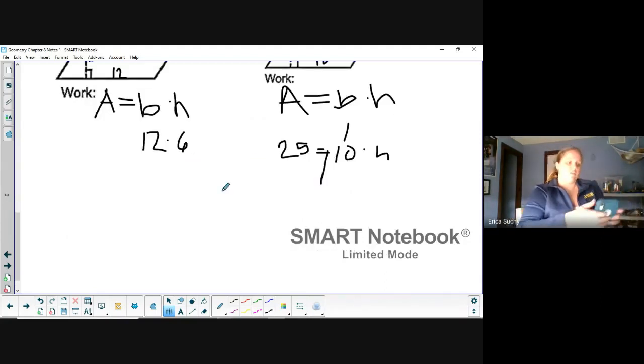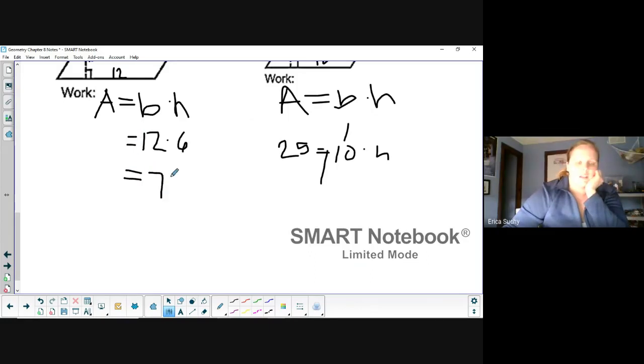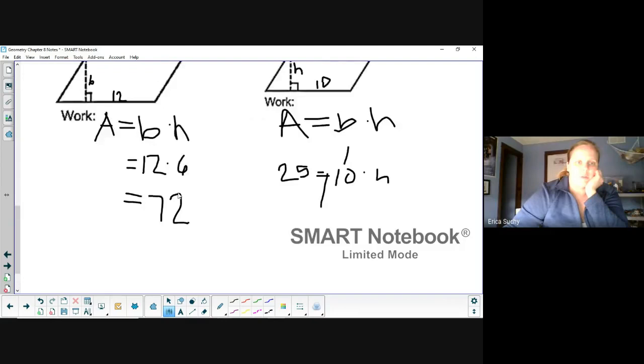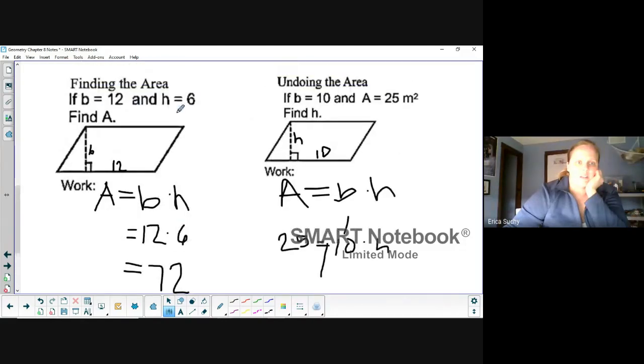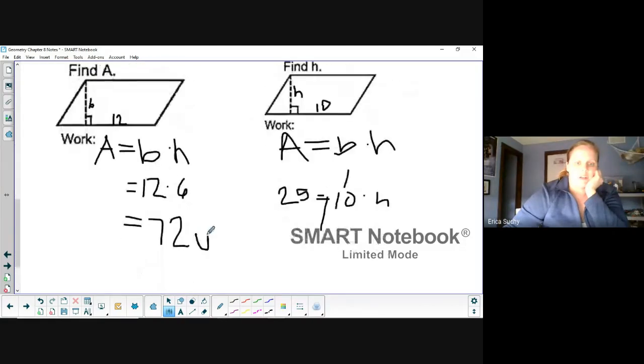All right, so for the first one, we're just going to type it into our calculator. 12 times 6, and we get 72. So this one has an area of 72 square units, and it does not have a label. So I will just put units squared.